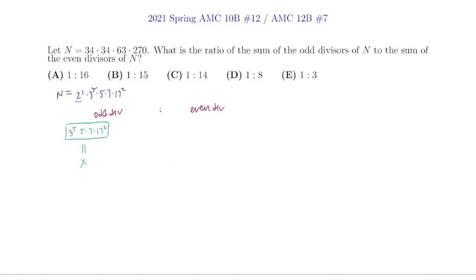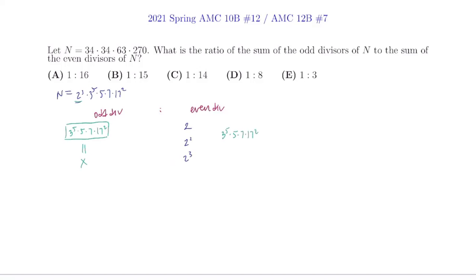Let's now take a look at the even divisors. The even divisors will have to contain at least one power of 2. So that's either going to be 2, 2 squared, or 2 cubed. And followed by that is going to be any combination of 3 to the 5th times 5 times 7 times 17 squared.